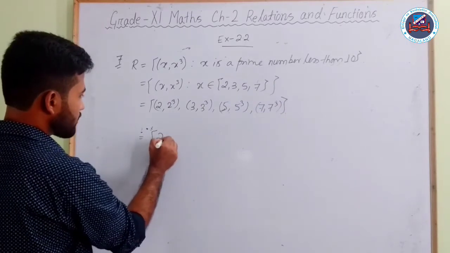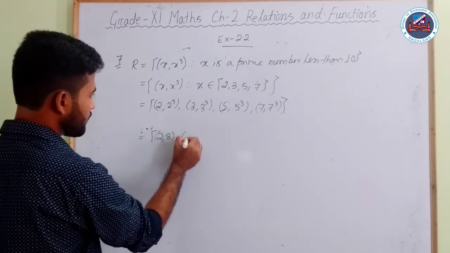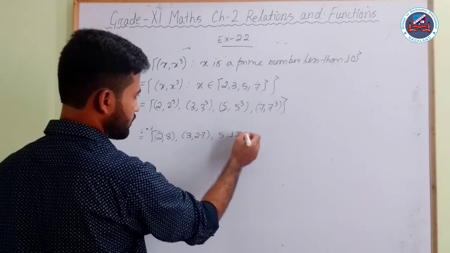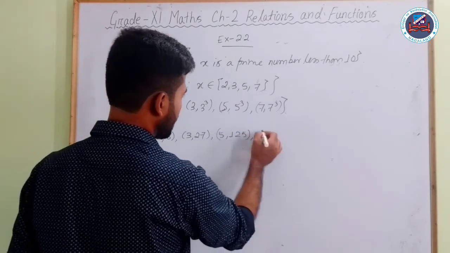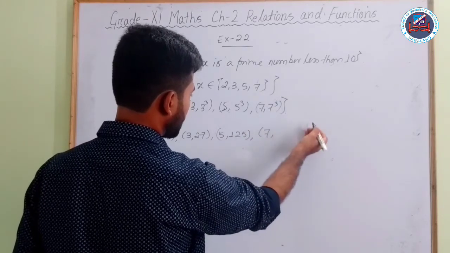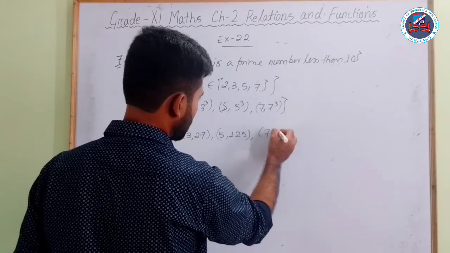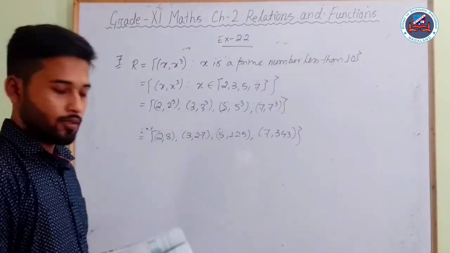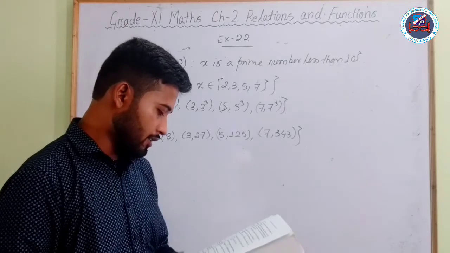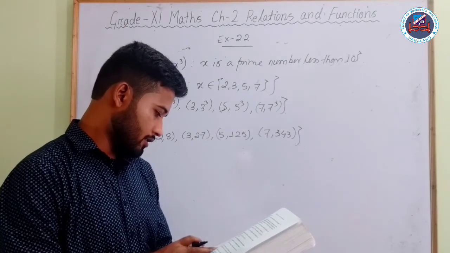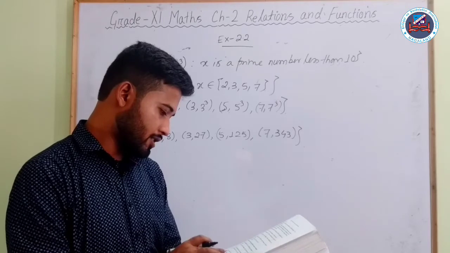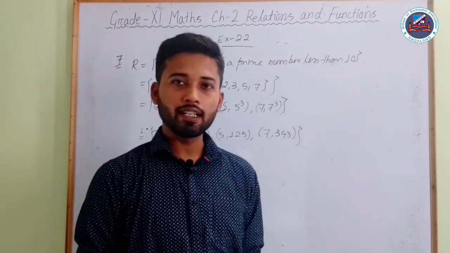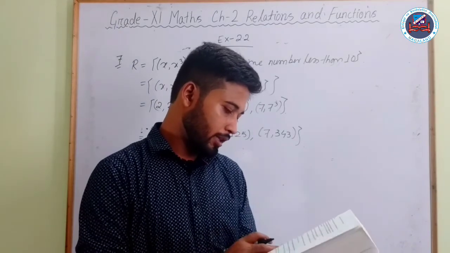If you calculate this, it will be 2, 8, 3, 27, 5 cube is 125 and 7 cube is 343. Okay, so this question number 7 is done. Question number 9 you can try yourself. Just use the property that a minus b is an integer, and then find the domain and range.